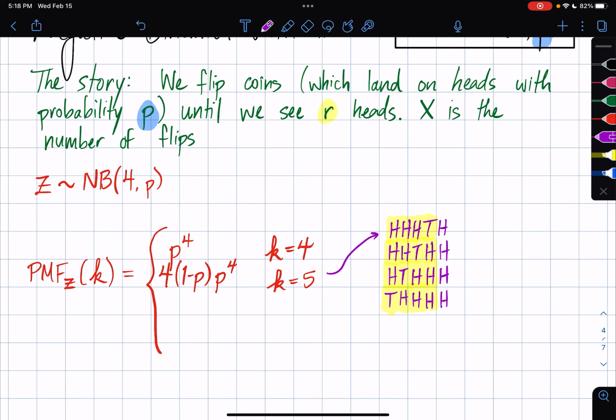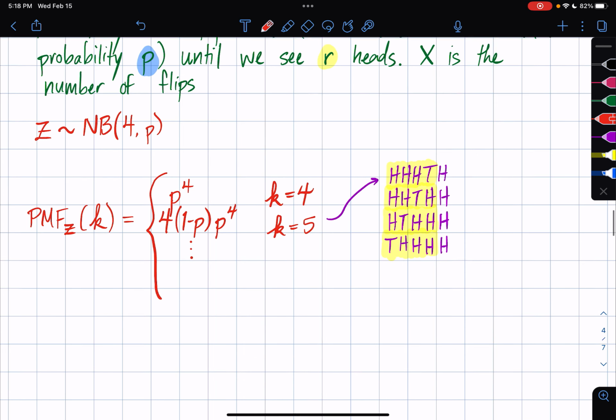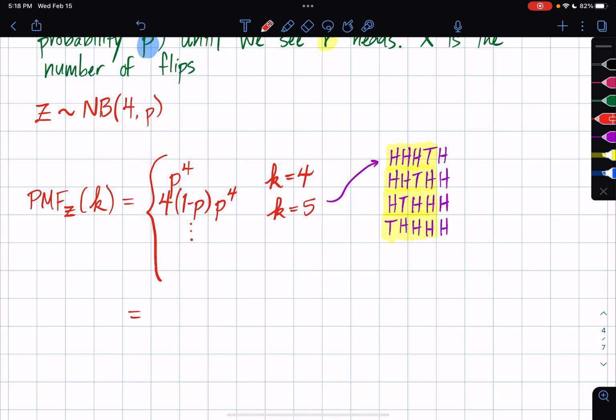Okay, so what I want to point out is that in general, what is this going to look like? First we're going to have k minus 1 of these. All right, so here we were with k equals 5, so we have 4 of these. And we're going to need r minus 1 heads.